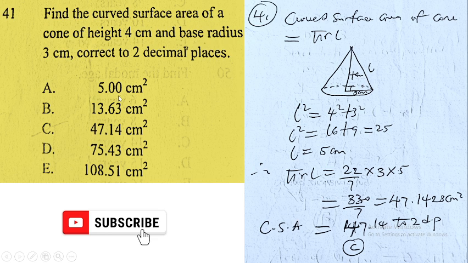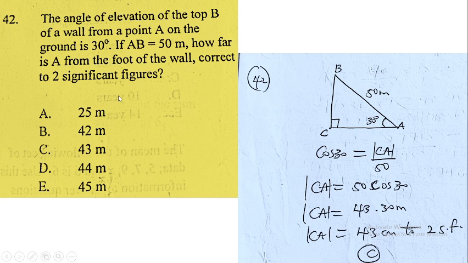Now question number 42 also is what we are solving right now, and the question is on angle of elevation. So we are told that the angle of elevation of the top of a wall from a point A on the ground is 30 degrees. If AB is 50 meters, how far is A from the foot of the wall? Correct to 2 significant figures.